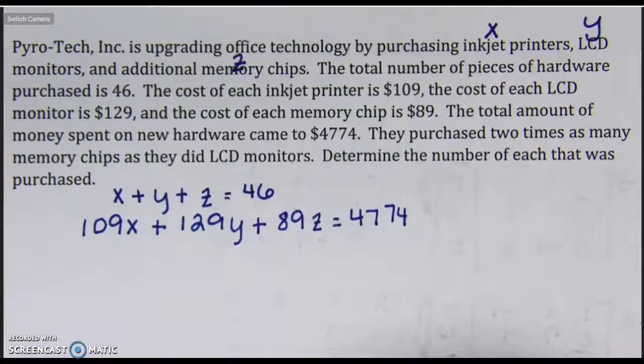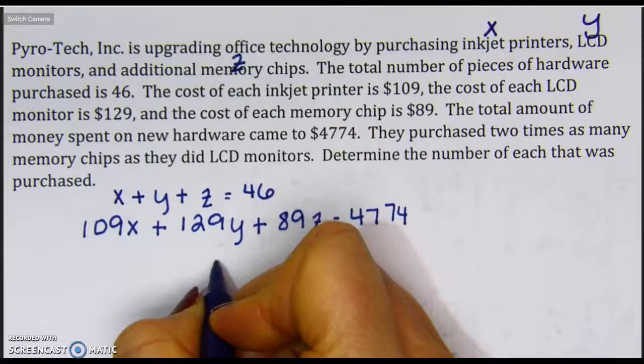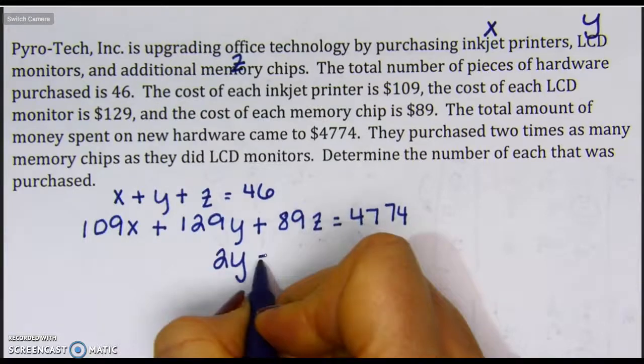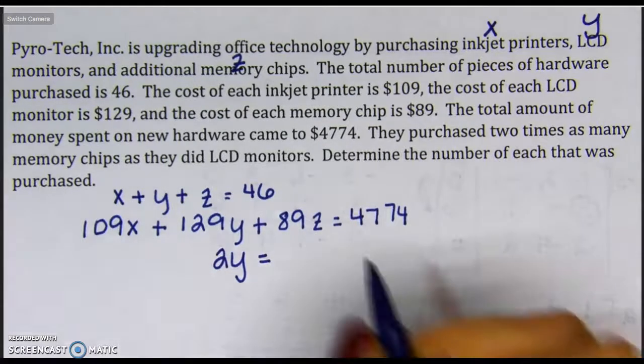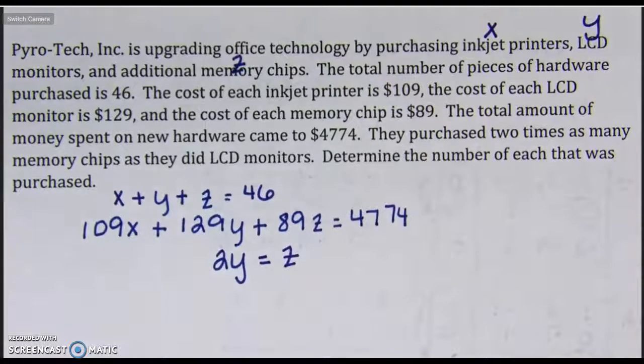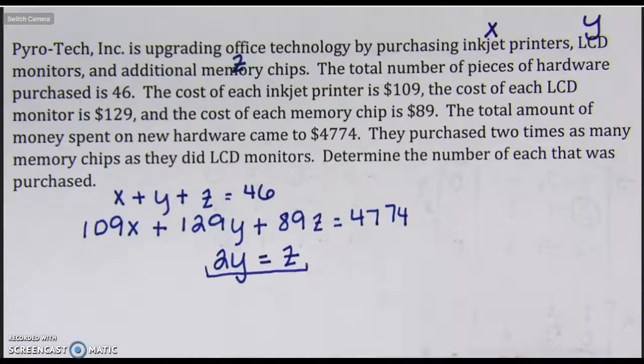So the LCD monitors, we spent twice as many monitors as we did memory chips. I only need to rearrange one of my equations so that it's the same x, y, z.